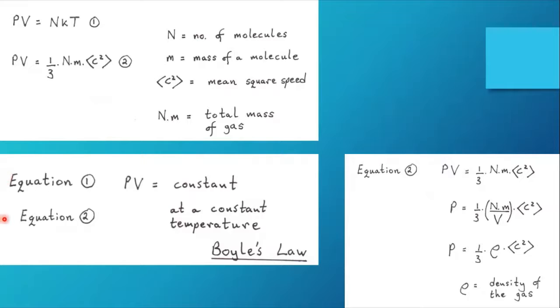In equation 2, PV is also a constant at a constant temperature. At a constant temperature, c squared is going to be a constant. So, hey, this is Boyle's law. Now, equation 2, PV equals 1/3 nm c squared. Now, what is n times m?